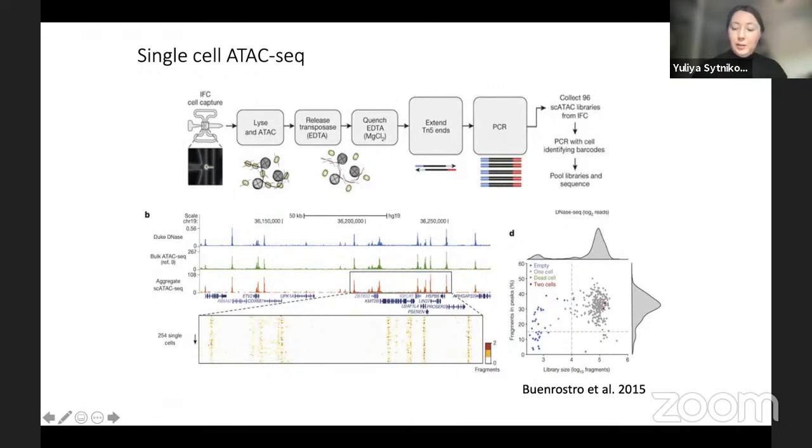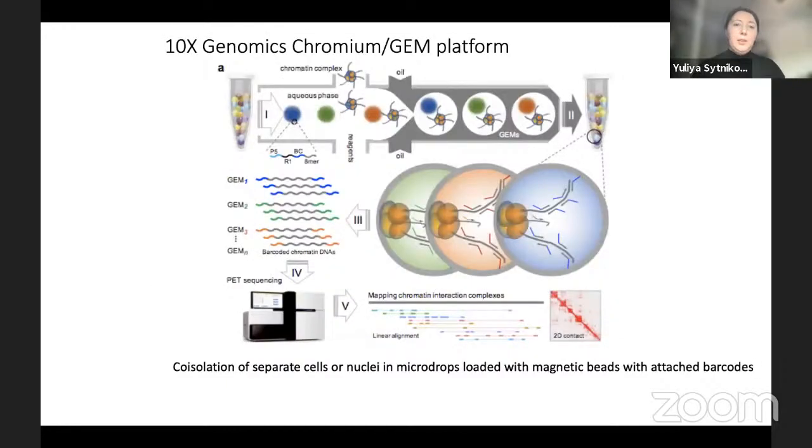Since that approach, there are a number of other approaches to implement ATAC-seq. And actually, they were also commercialized, for instance, by 10x Genomics, which developed a commercial ATAC-seq platform, also based on droplets, on the barcoding and chromatin profiling in droplets.